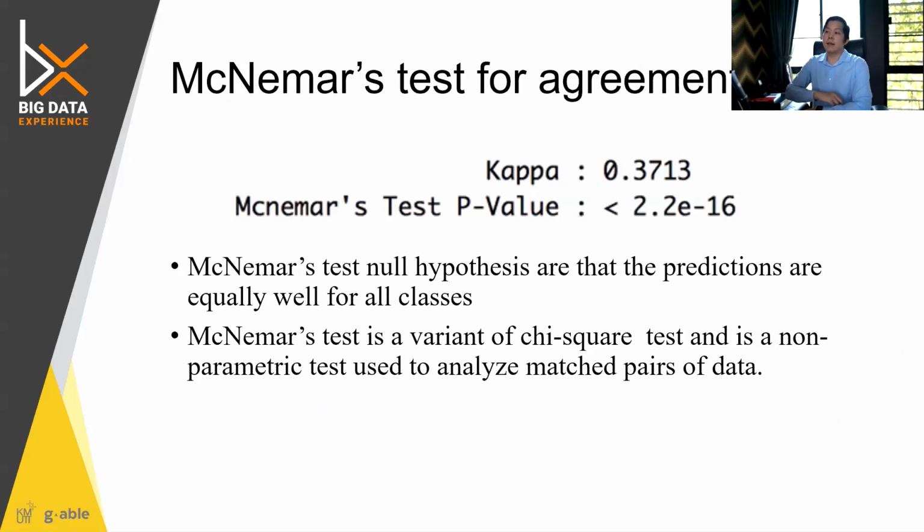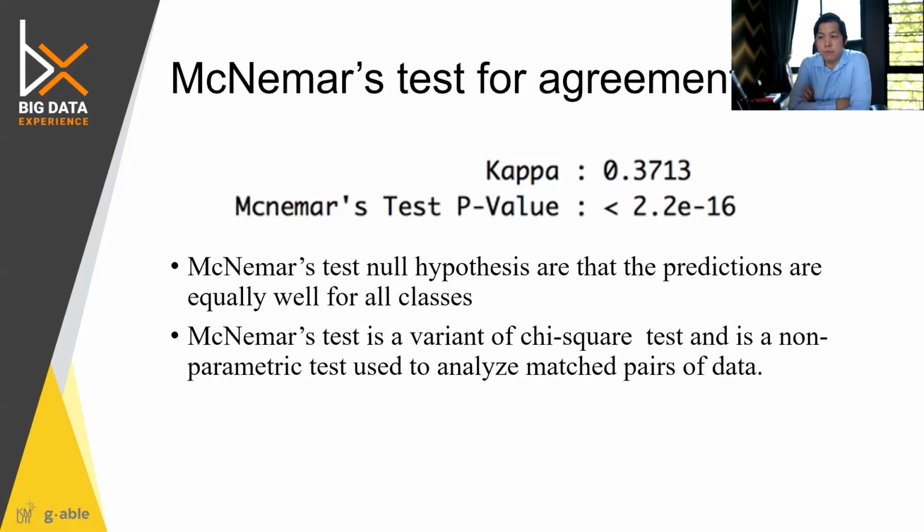Okay, and another advanced statistics measurement here is called McNemar, right? McNemar test for agreement. The McNemar test has the null hypothesis that the predictions are equally good for all classes.